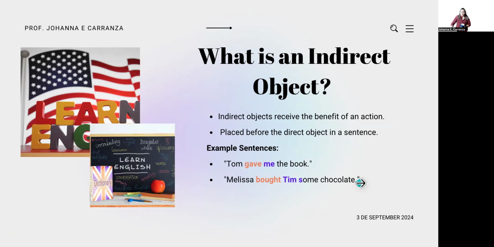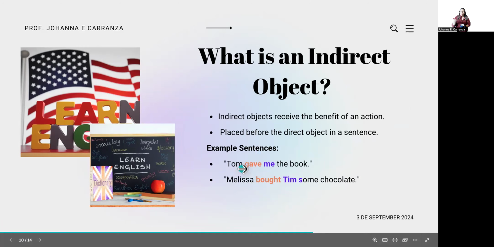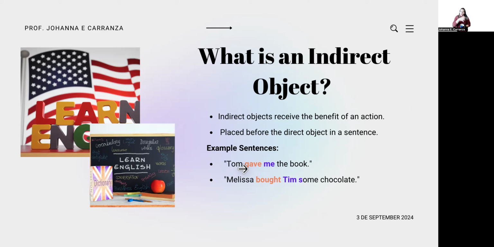Melissa bought Tim some chocolate. As you can see, the subject we all know, which is the noun, is Tom, right? Gave is the verb. Me is the indirect object, and then the book will be the direct object.